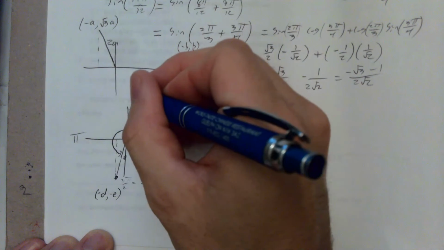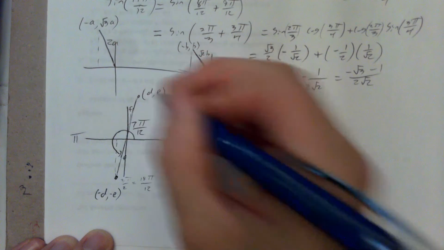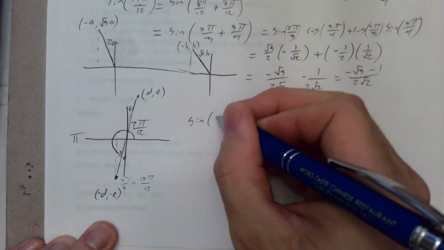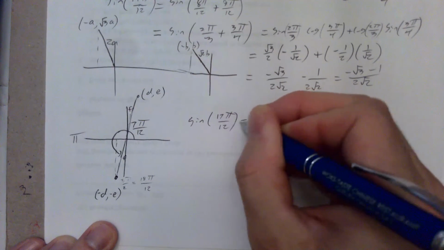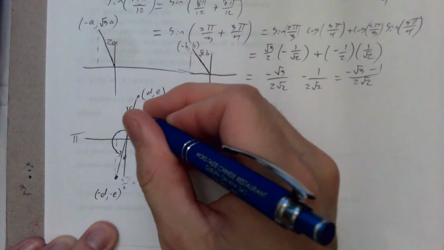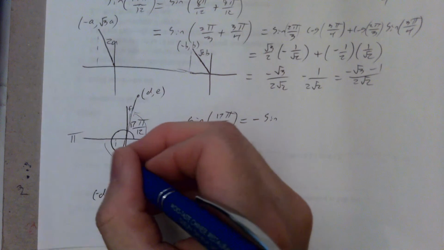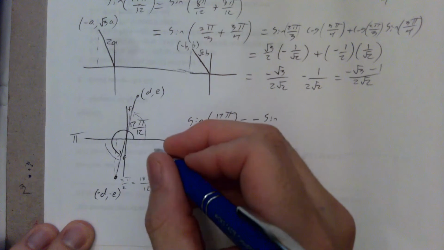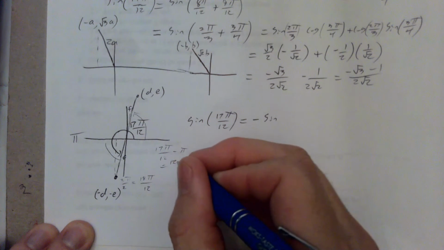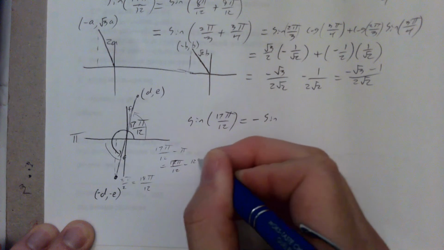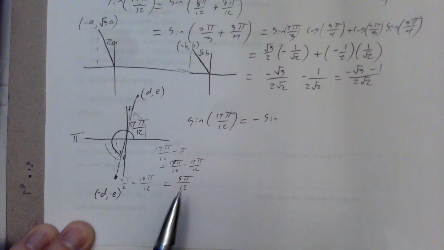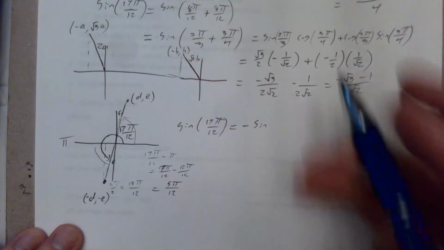Then this would have a radius of F, and it would be going through D, comma, E. So I could probably speed this process up by saying that the sine of 17 pi by 12 is going to be the opposite of the sine of this angle right here, 17 pi by 12's related acute angle, which is going to be 17 pi by 12 minus pi, or 17 pi by 12 minus 12 pi by 12. Maybe it's not faster, but some students like to always come up with an expression in terms of a related acute angle.